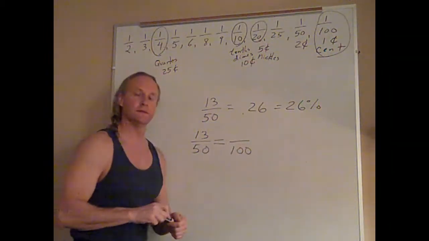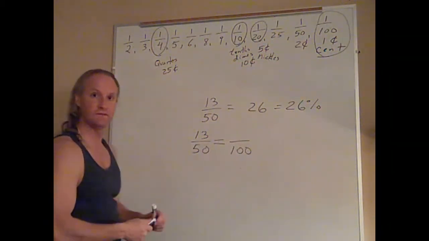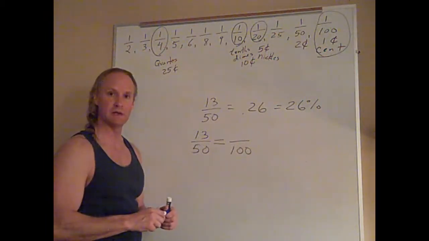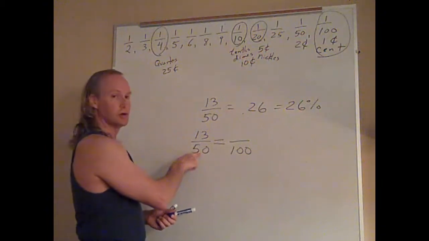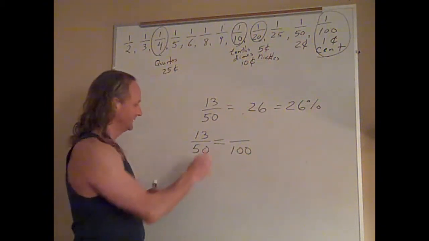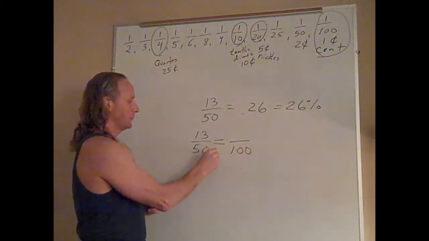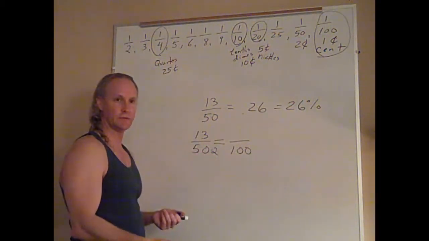And when we look at equivalent fractions, all we have to do is multiply by a common factor in the numerator and the denominator to get where we want to go. I would like to turn 50 into hundredths, so I have to multiply by 2. The problem is, if I multiply by 2 in the denominator, I've changed the value of the fraction.